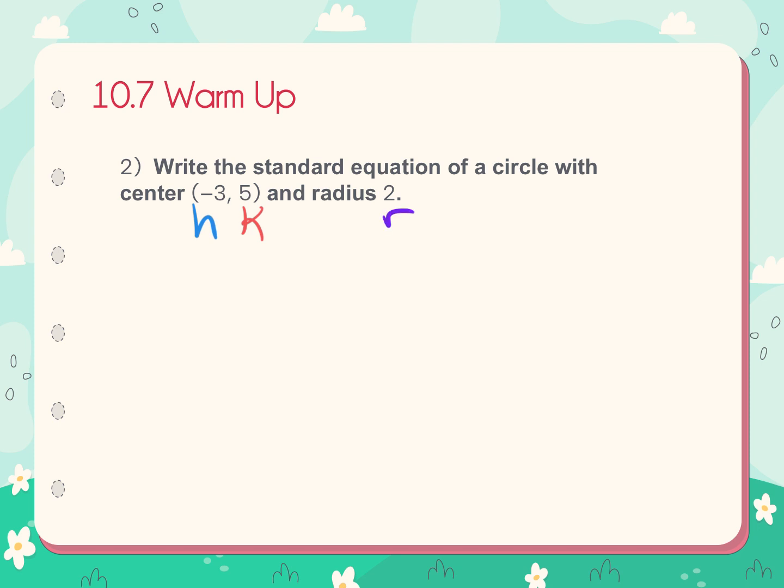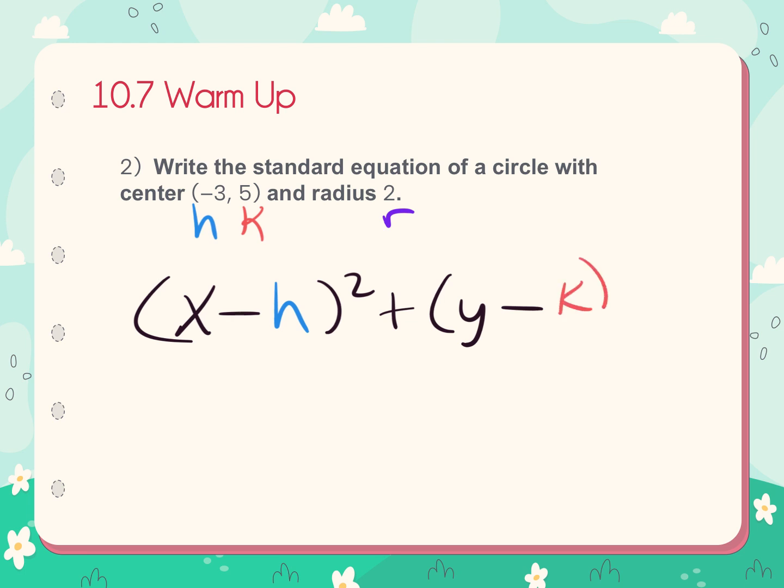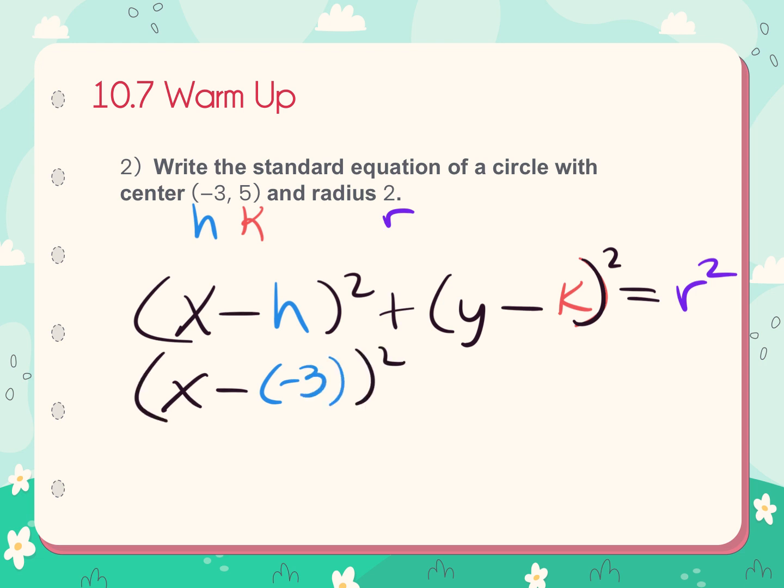So I'm going to plug it into the formula, (x − h)² + (y − k)² = r². I'm going to fill in my h, which is −3. When the ordered pair has a negative number, simplify that to a plus sign.